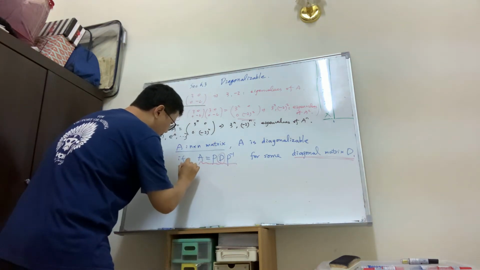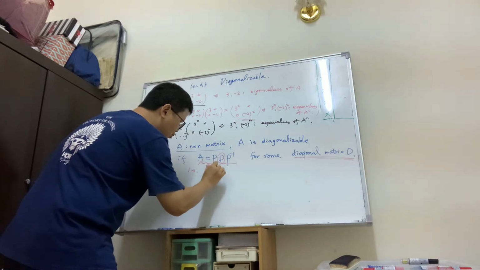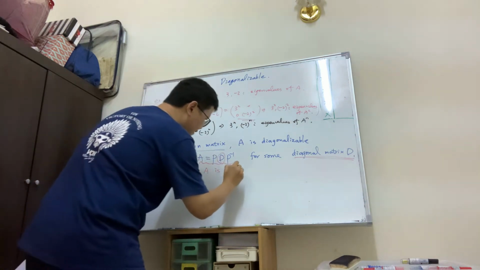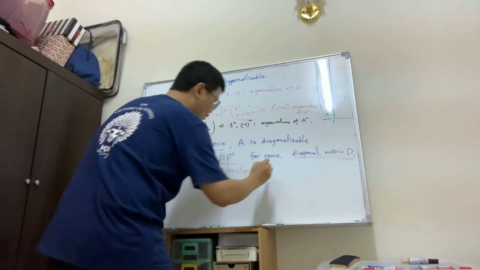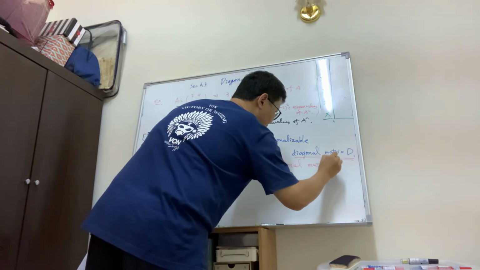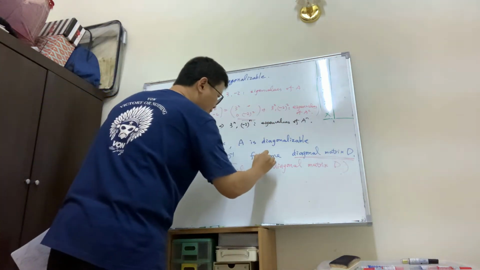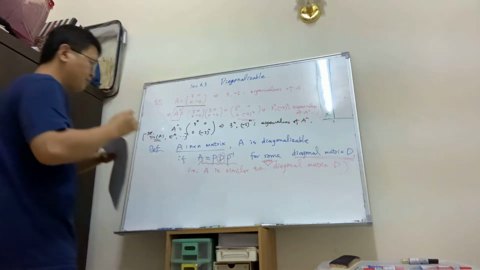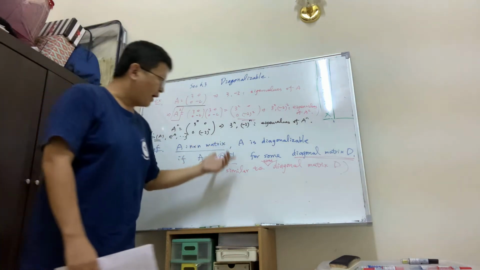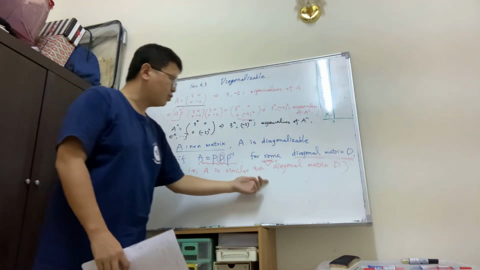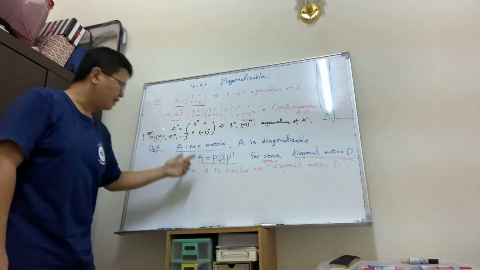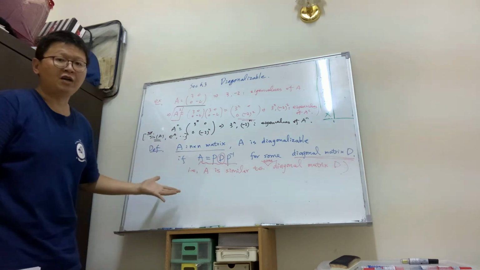It also means that A is similar to a diagonal matrix D. Originally A is not a diagonal matrix, but if A is diagonalizable, it means A is similar to some diagonal matrix D. Then the diagonal matrix D has a nice result, and the matrix A also has some nice result. That's what we want to show.